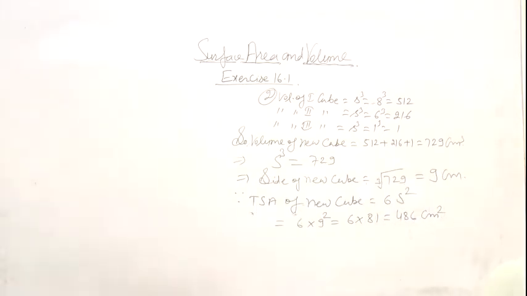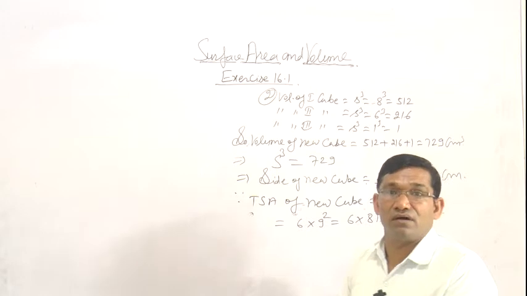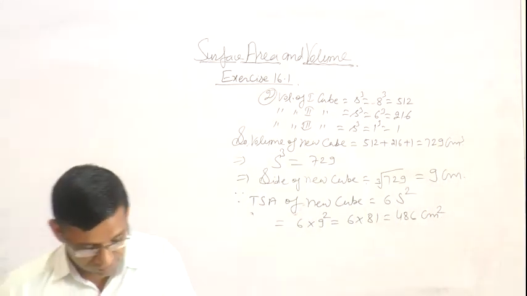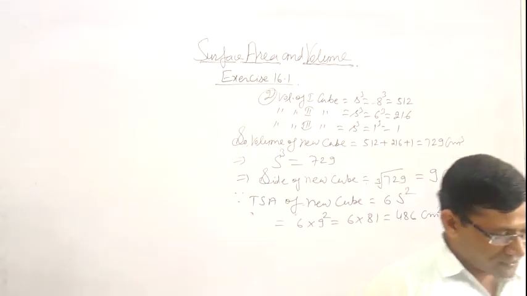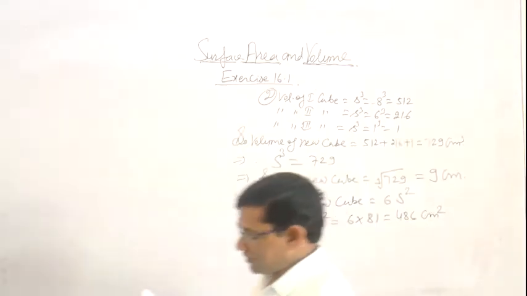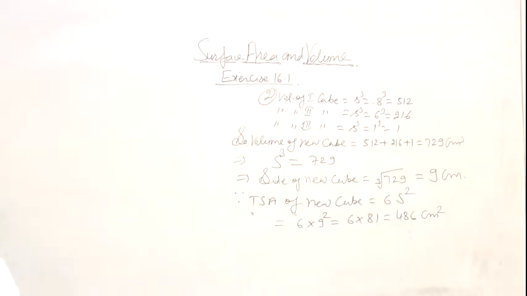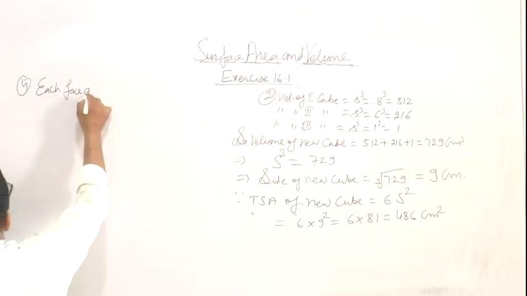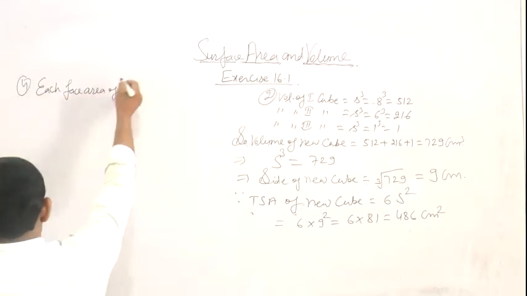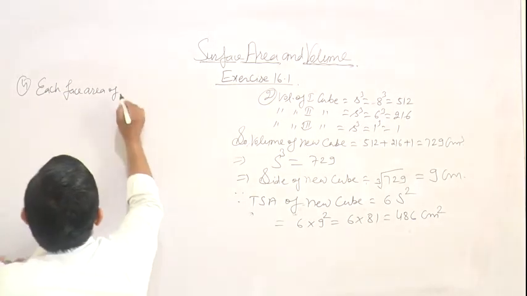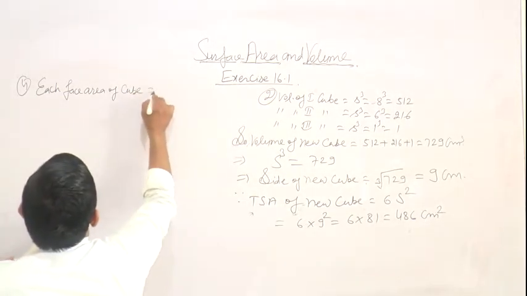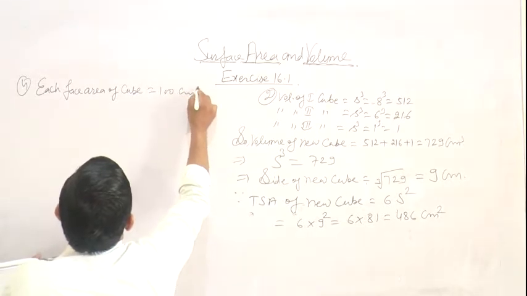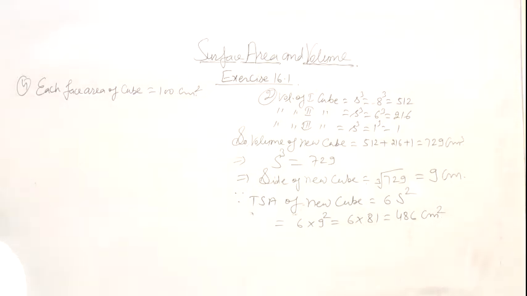Now question number 4. Some students asked about question number 4. Question number 4: each face area of a cube is 100 centimeter square.